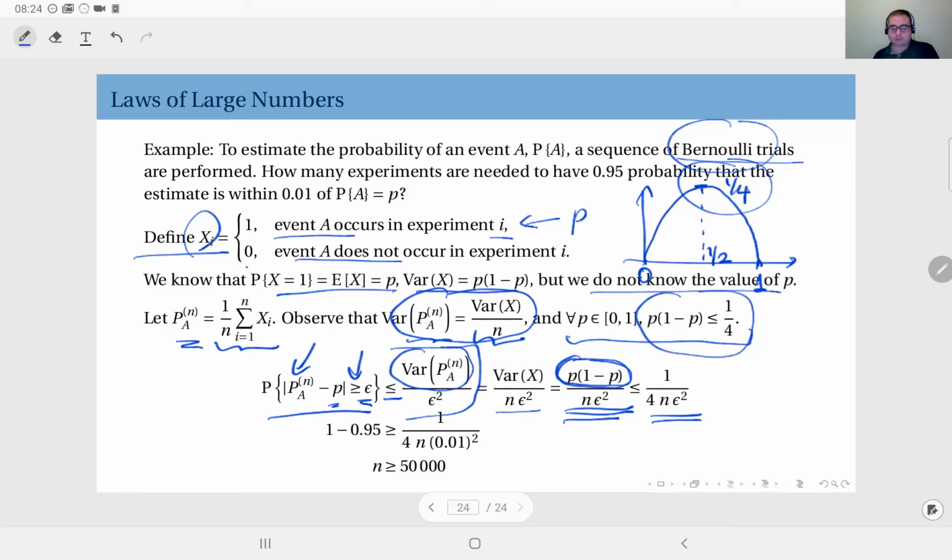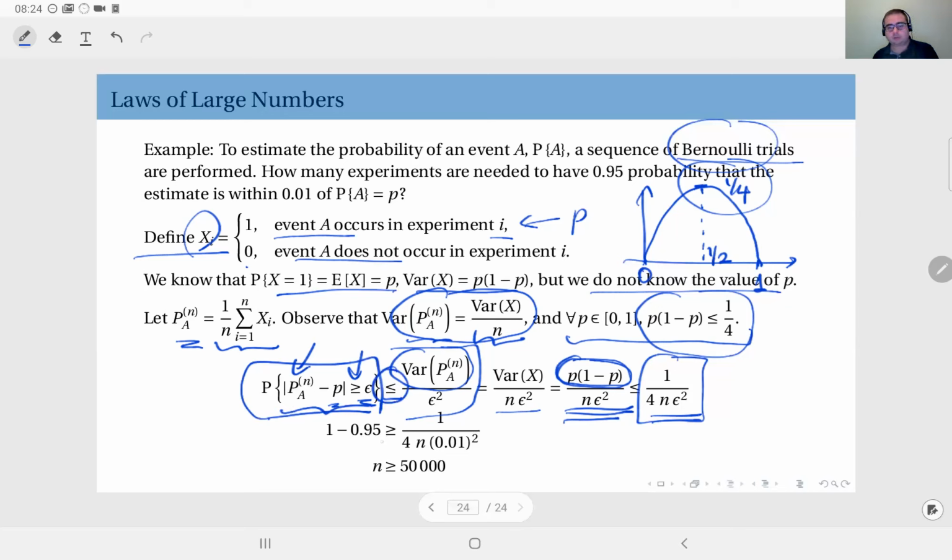Now, what I have found is that this probability is upper bounded by this quantity here. But what I'm interested in is the complement event of this: the probability that my probability estimate is within epsilon of P. So it's the complement event, which means it's 1 minus 0.95. And since I'm taking the complement, this inequality will change direction.